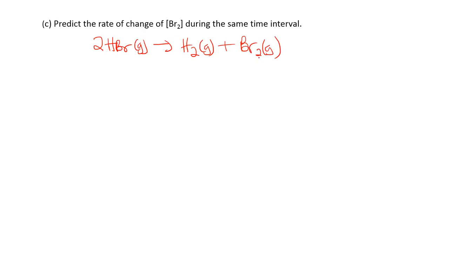So it's saying predict the rate of change of Br2 during the same interval. In this case, it is the 25 seconds interval. So we are looking at this one.